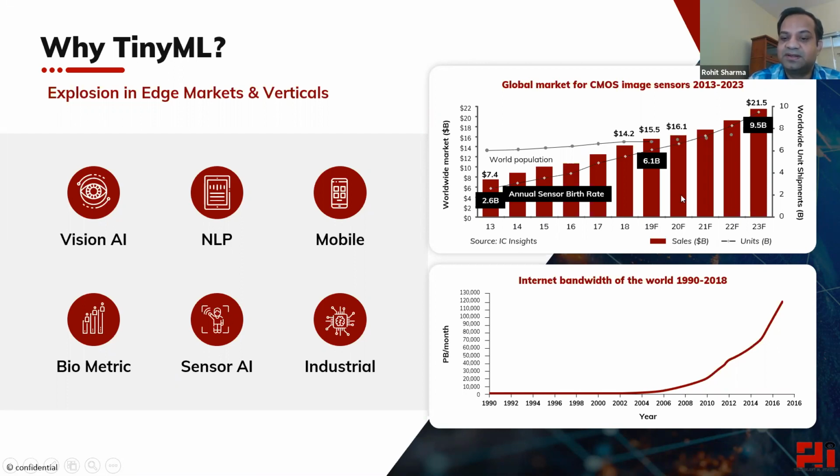So this is 2020 right here, and the total number of image sensors produced is more than the human population. Now, why is that comparison interesting? The reason is that if you assume the life of an image sensor to be about 3 years, each one of us is carrying 3 image sensors on average.